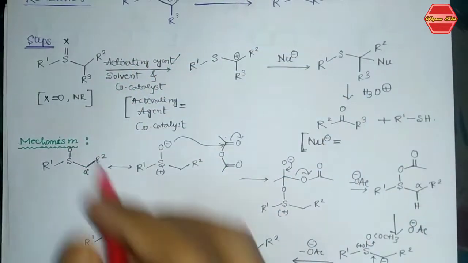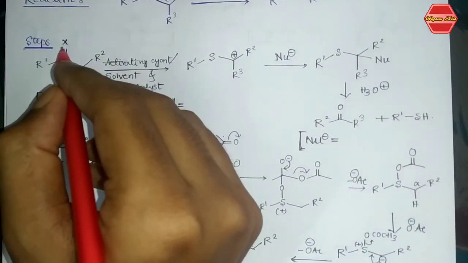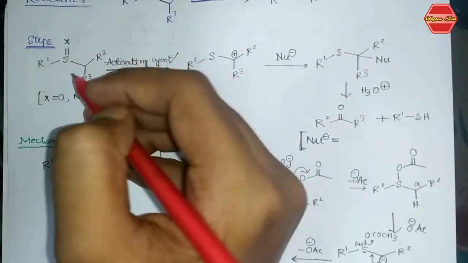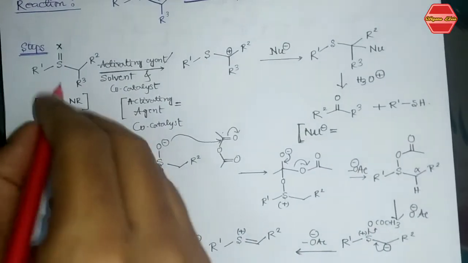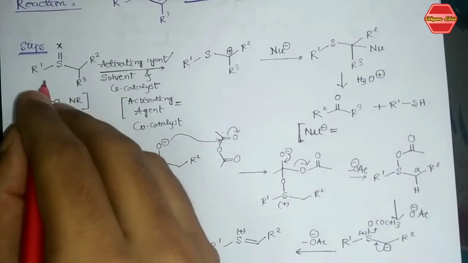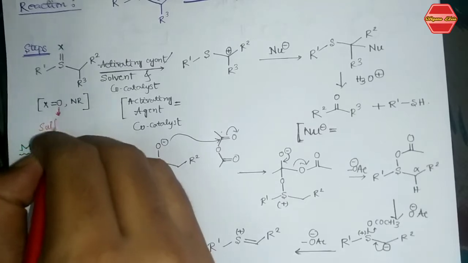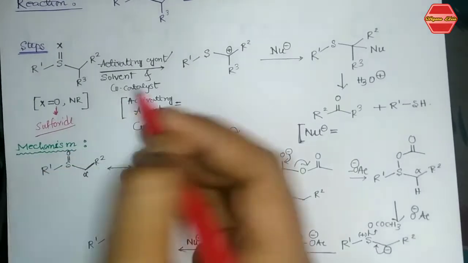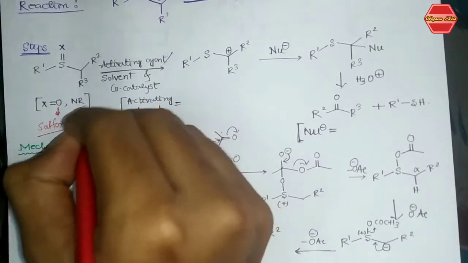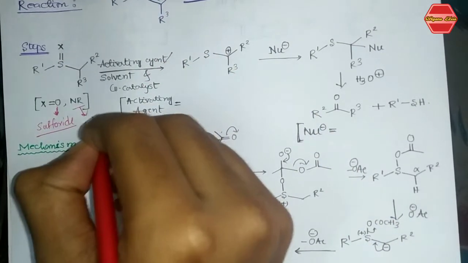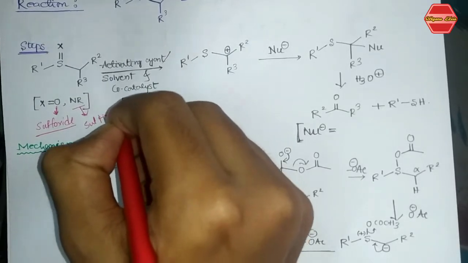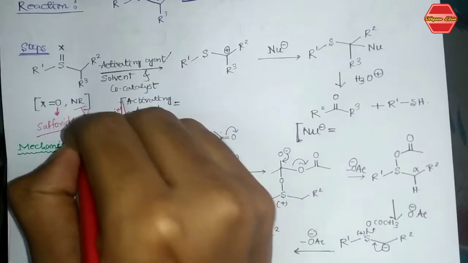Now if oxygen is placed on this X, then the name of that compound is called sulfoxide. Now if NR is placed on the position of X, then it is called sulfinamidine, sorry, not sulfinamide.